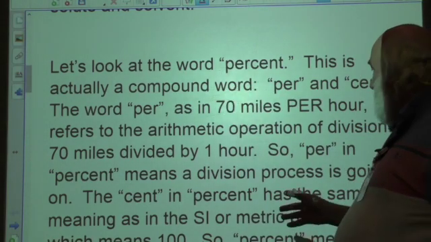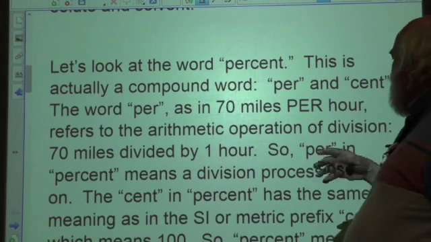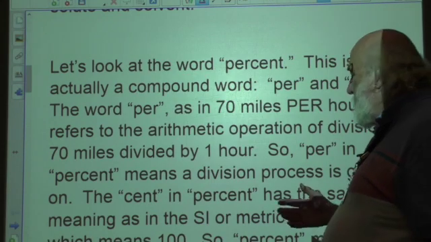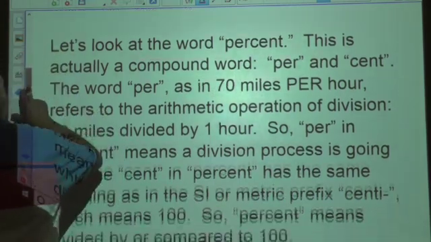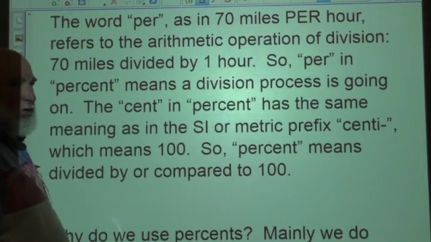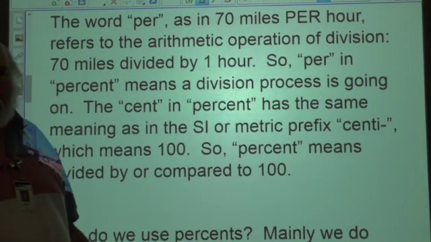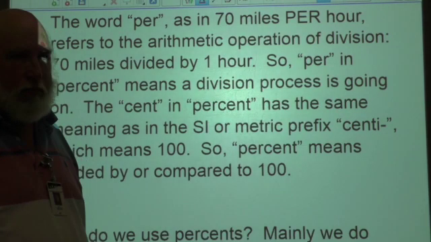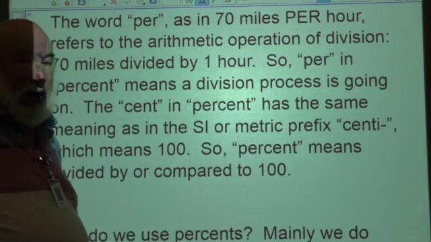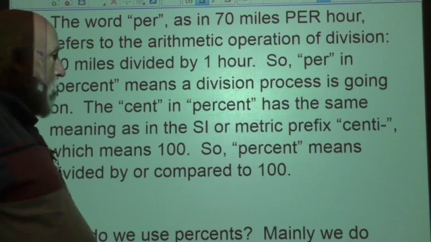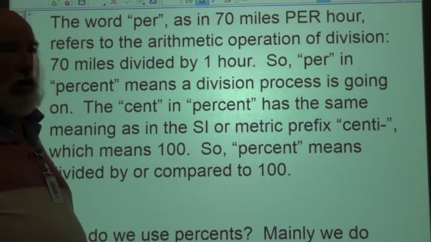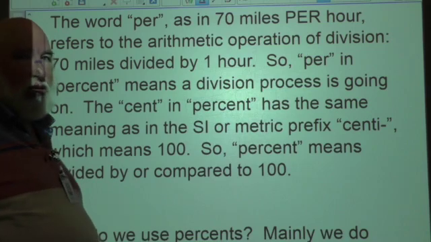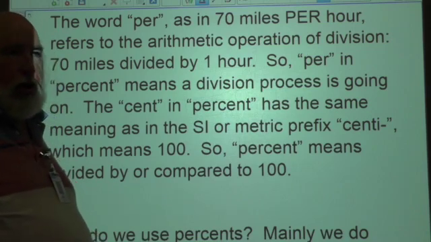The per is then combined with the cent, which has the same derivation as cent in centimeter, centigram, centipede, kind of. But we know there's 100 cents in a dollar because the word cent is Latin for 100.